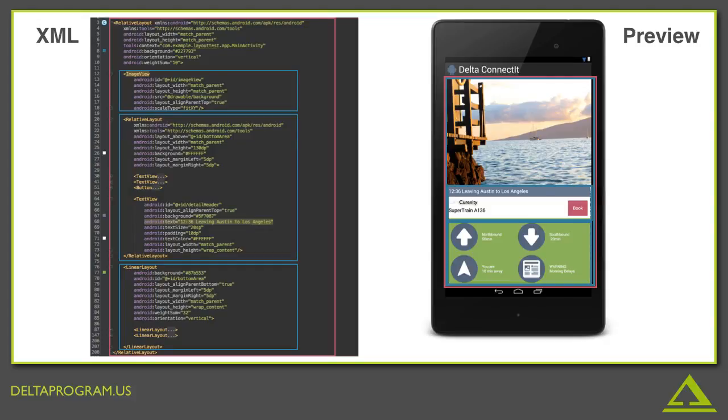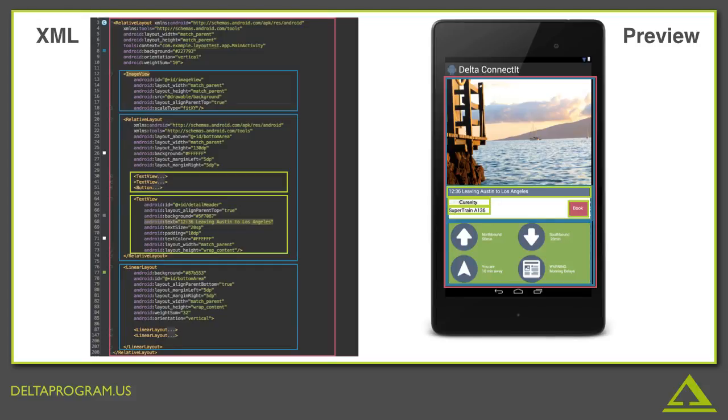I've minimized some of them, but you can probably guess from their names what they refer to. Let's take this text view. You can see the text leaving Austin to Los Angeles. So that's clearly this section here. Then you have two text views and a button. Well, those are clearly here, here, and here.